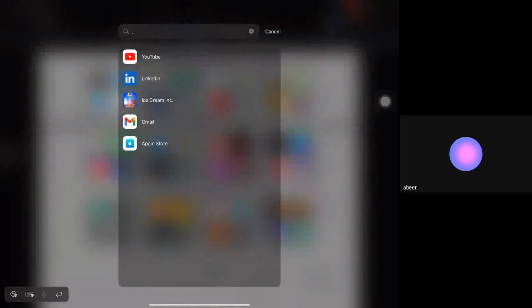Where is that app? I've forgotten about it. So papers, wait a second.